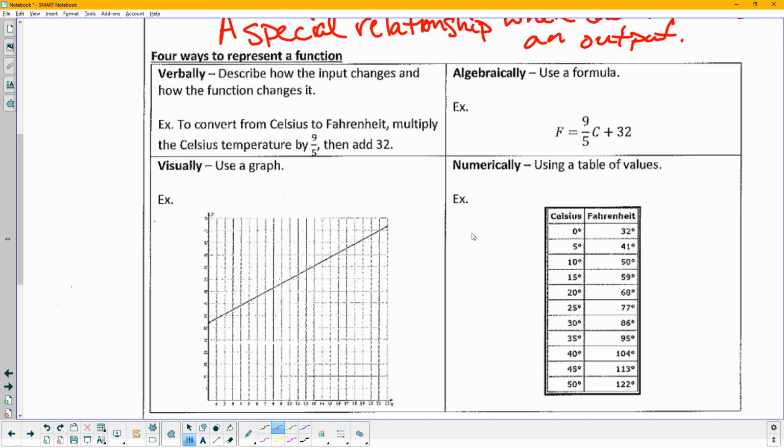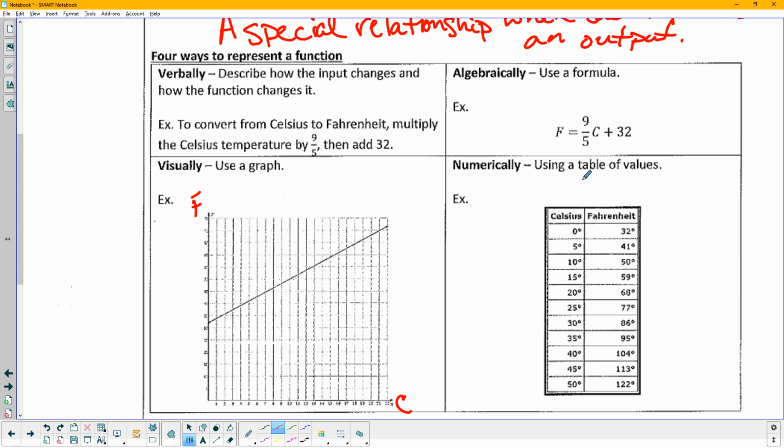You can look at it visually. You can look at a graph. This is a function. Over here we have our Celsius temperatures, and the y-axis is our Fahrenheit temperatures. So this is Celsius, Fahrenheit.